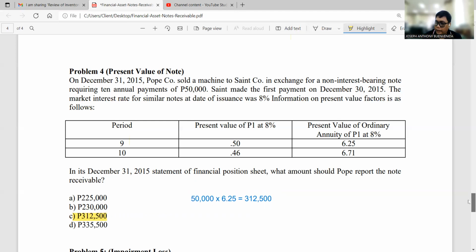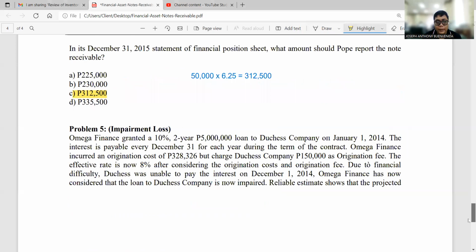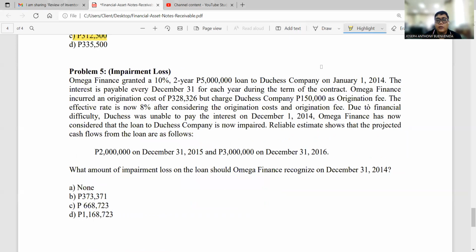Okay, next, impairment loss. Problem 5. Omega Finance granted a 10%, 2-year, 5 million loan to Duchess Company on January 1, 2014. The interest is payable every December 31 during the term of the contract. Omega Finance incurred an origination cost of 328,326 but charged Duchess Company a 150,000 origination fee.